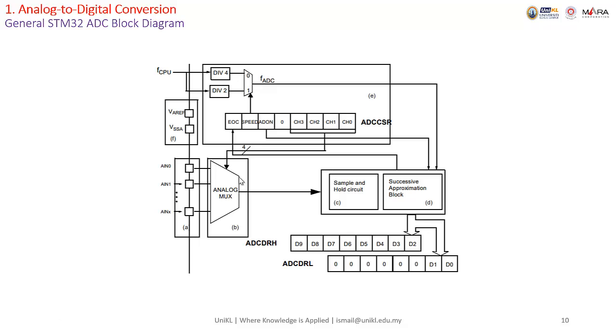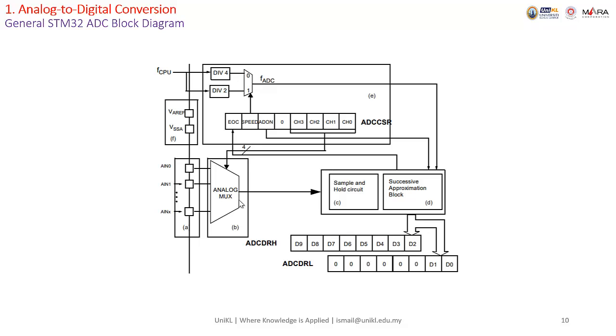Some have a number of ADCs. Normally we have one. For example, the STM32F401, we have only one ADC, right? One ADC. But we have a number of channels. For example, maybe we have two. For example, we have, if I'm not mistaken, 303.